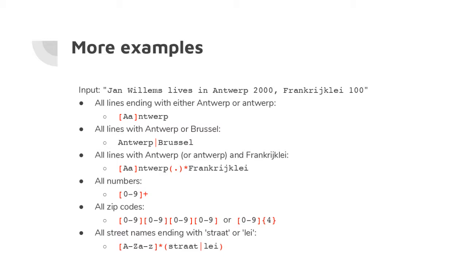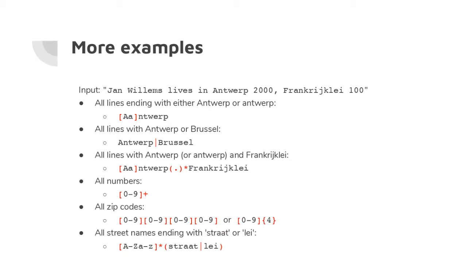Here in my string, you have the 2000 and a comma between Antwerp and Frankrijk, so we want to ignore that. So we say a dot, which matches any character, a star, which means 0 or more times any character. So with this regex, you match any line which contains Antwerp, followed by any characters, and then contains Frankrijk.